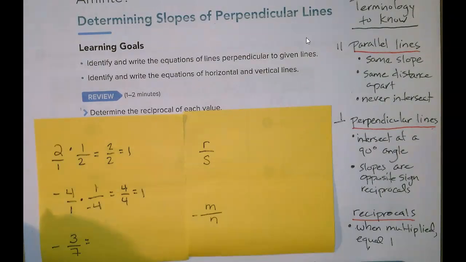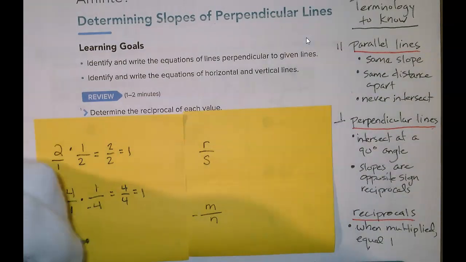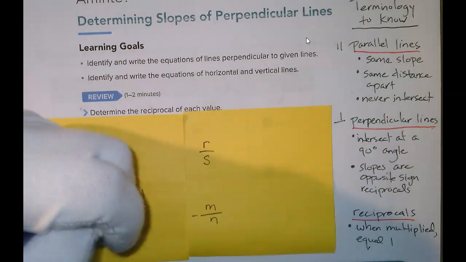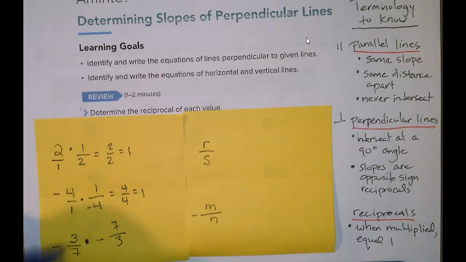Similarly with negative 3/7, we know we need the, oops, I don't want an equal there, I want a multiply symbol. We want a negative times a negative because we need it to equal positive 1. So we need a negative, and then we need the numerator and the denominator to simplify with this numerator and denominator to equal 1.